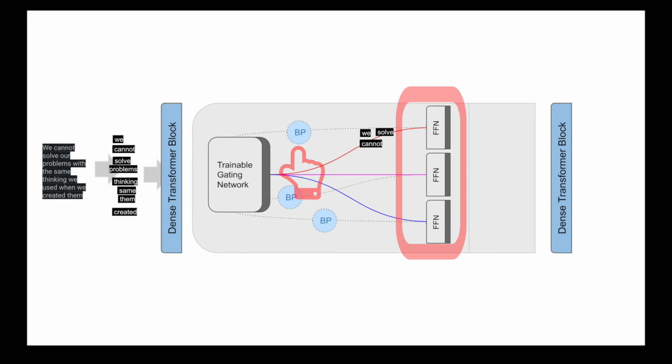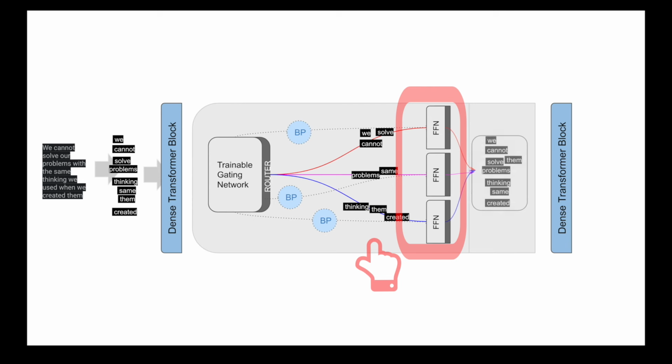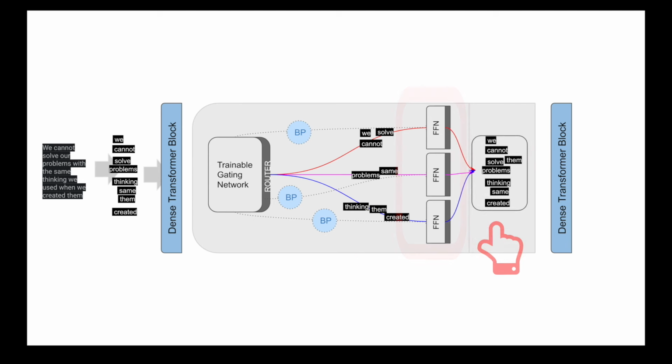So the trainable gating network is acting as a router here to send those tokens to the individual experts at its own discretion. Each expert is processing its own share of tokens, and finally the results are aggregated and sent to the sigmoid function before being passed to the output layer.